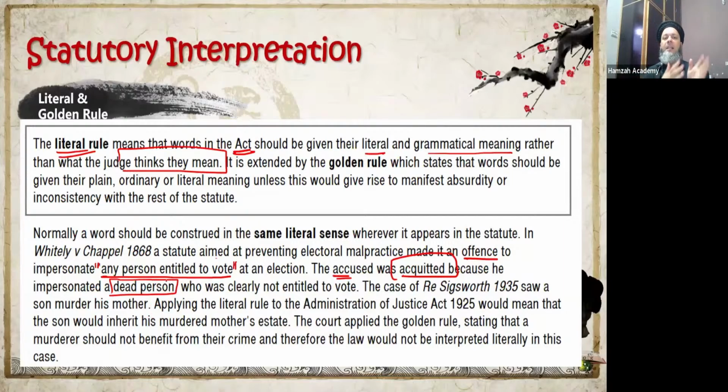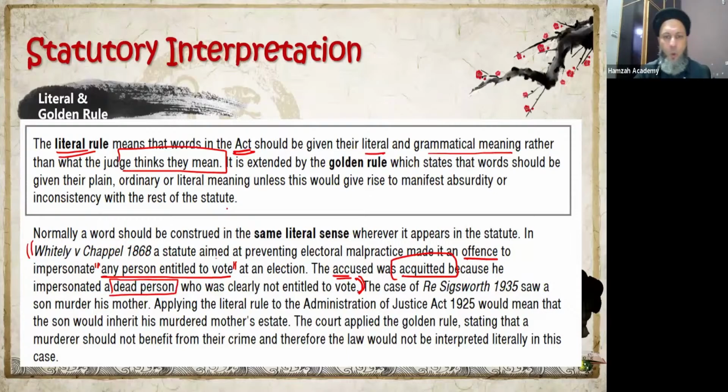So if my client has impersonated a dead person, meaning he has stolen his identity, even though it looks like a crime, if you go with the literal meaning, he did not commit any crime because he impersonated a person who is not entitled to vote. So when you apply the literal rule, the result in this case is that he did impersonate. He should have been imprisoned or some penalty should have been there, but it was not, because the judge took the literal meaning of the law.